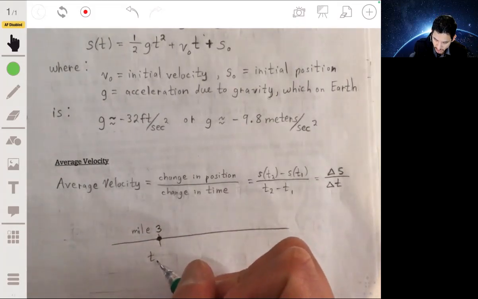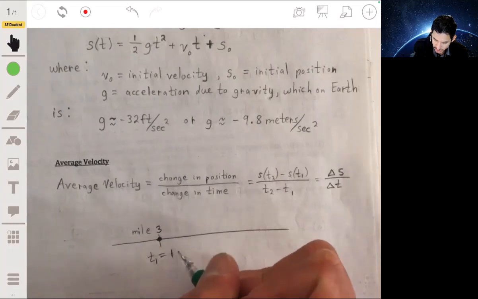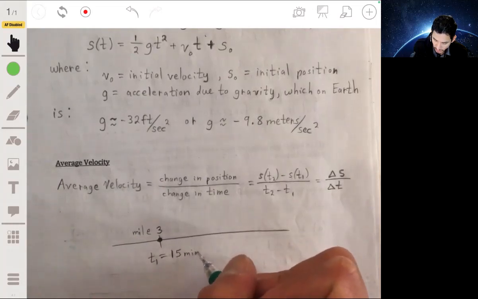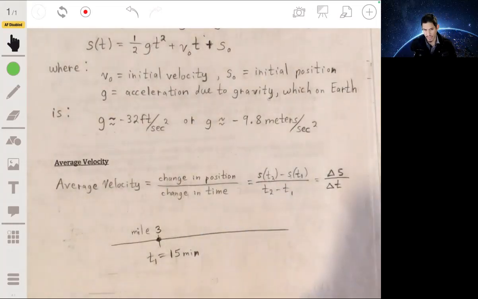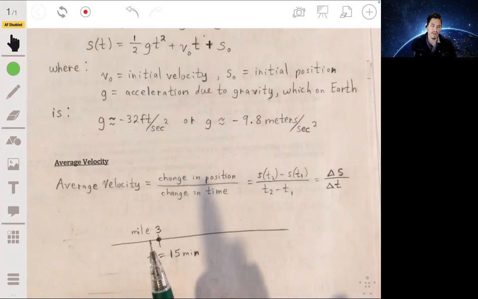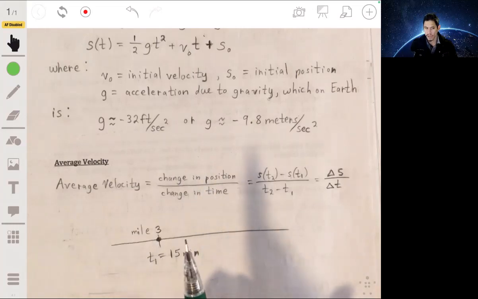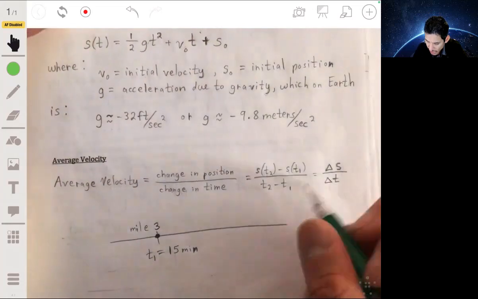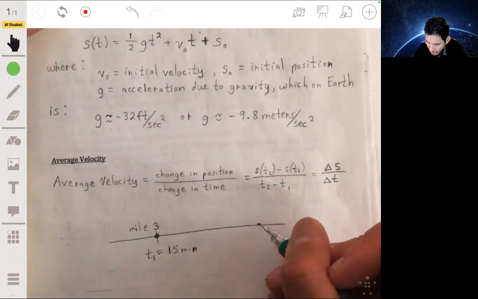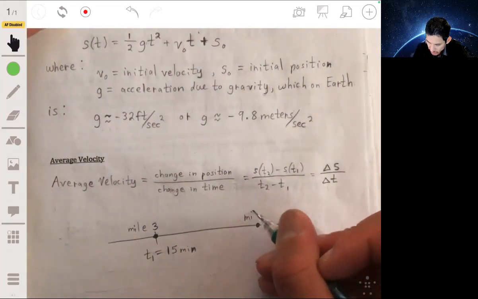His time, let's call it T1, is 15 minutes. This is a hypothetical example. The time is 15 minutes at mile 3. Then you see how fast he's going by recording his time later on at mile 8.